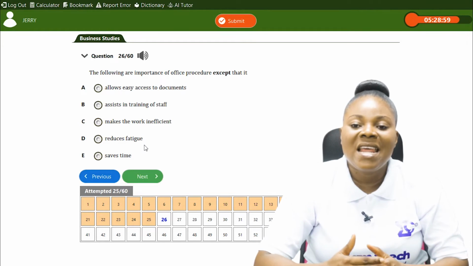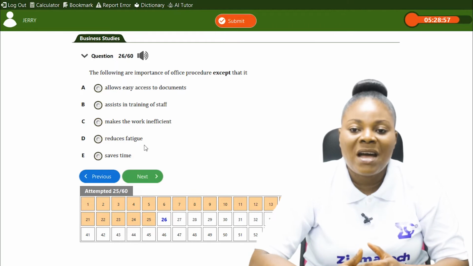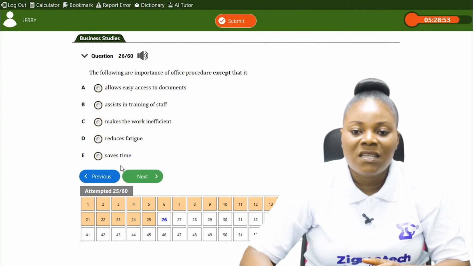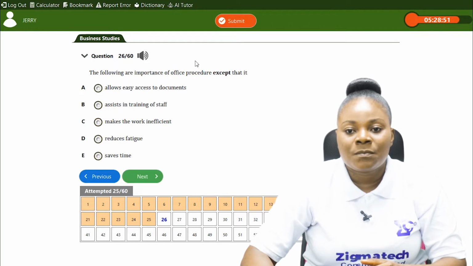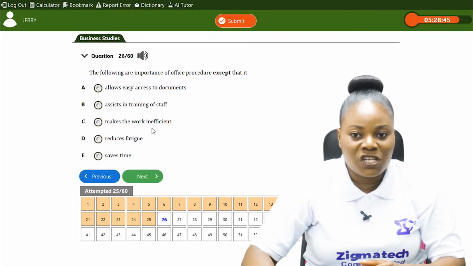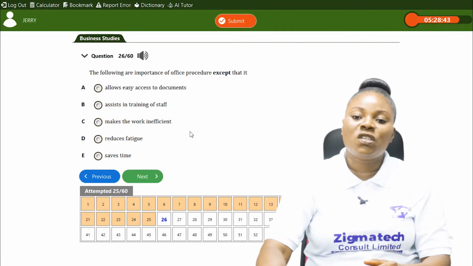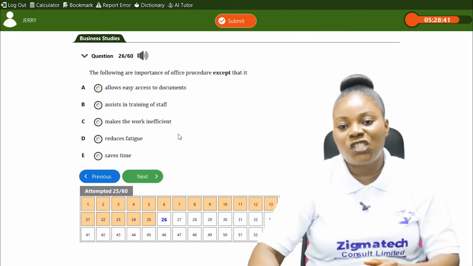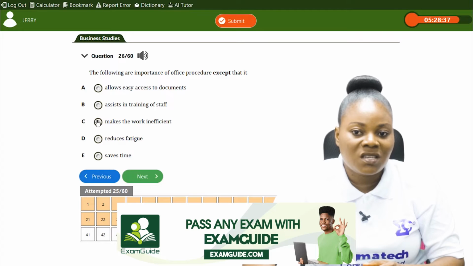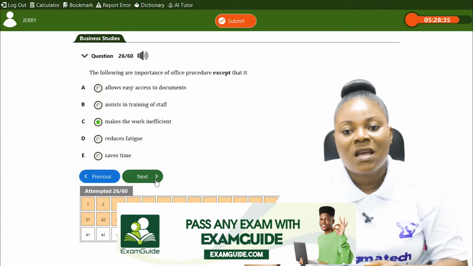Everything has been laid down for you, the path to follow, what to do at every point in time. Then this also saves time. So the one that is not an importance is option C, makes the work inefficient. Instead, office procedure makes our work efficient and not inefficient. So option C gives us the correct answer.